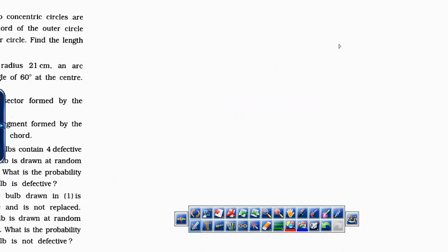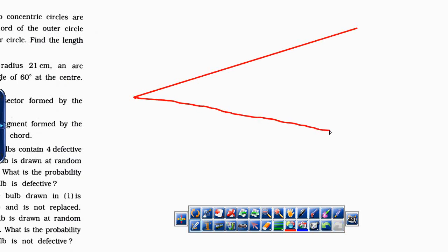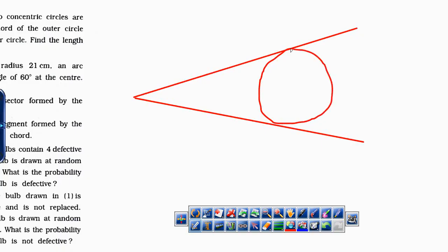When a chord and two tangents are together, the best figure is something like this. These are the two tangents. This is the circle. This is the chord.